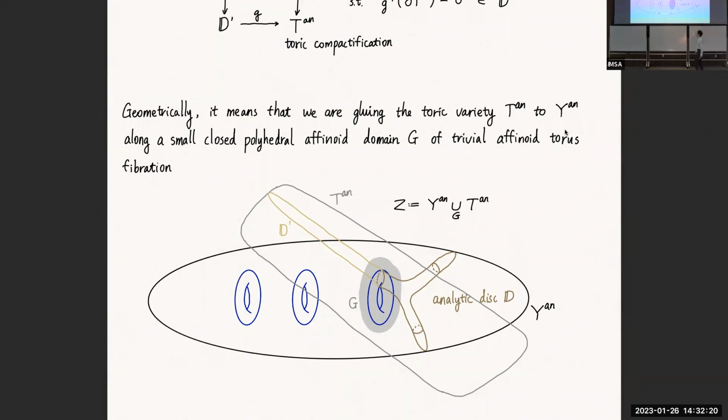I was also asked what's the relation between log Gromov-Witten invariance, the punctured log Gromov-Witten invariance by Abramovich, Chen, Gross, and Siebert. Actually, there is a lot of resemblance between the idea of the non-Archimedean approach and the ideas from the log approach.